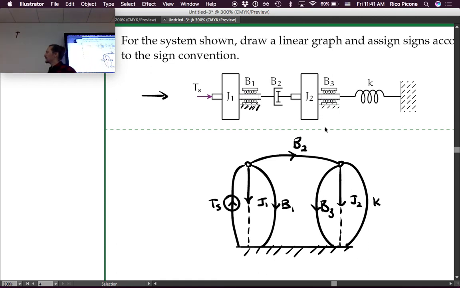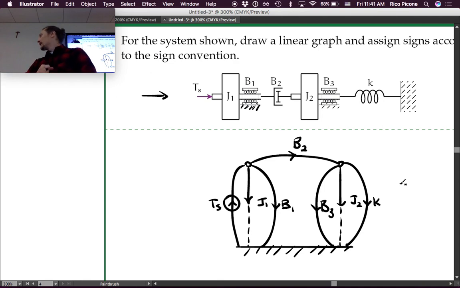So we interpret this as an inline spring. So we would go from left to right, the direction of our coordinate arrow, J2 node to ground. So there is our linear graph with all of its arrows drawn in.